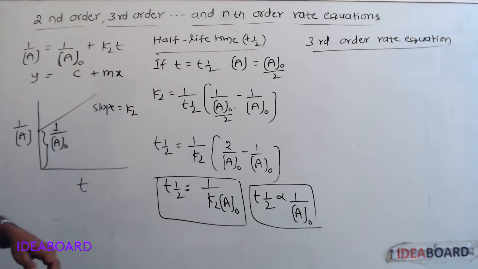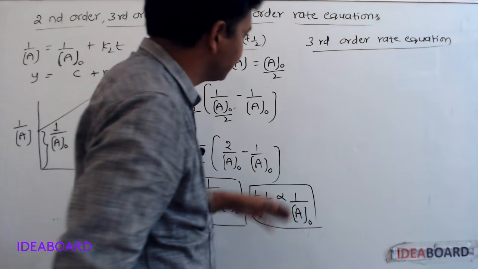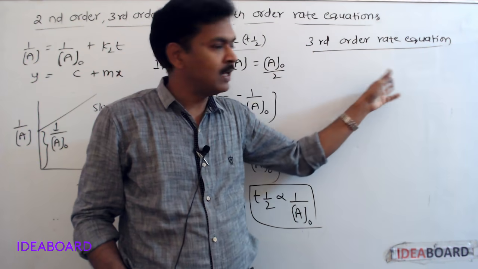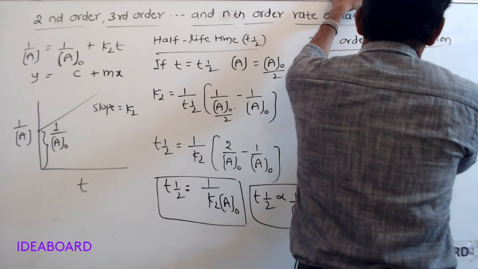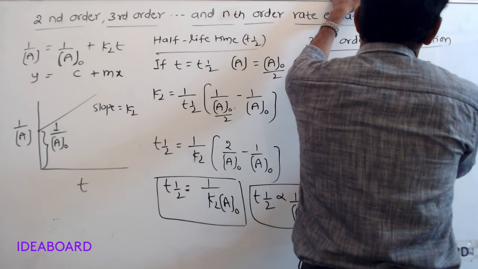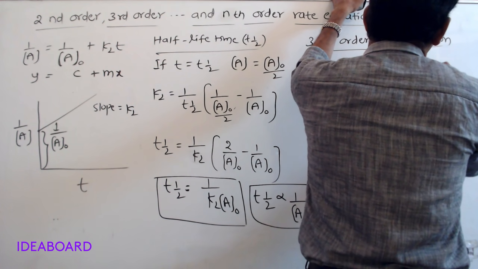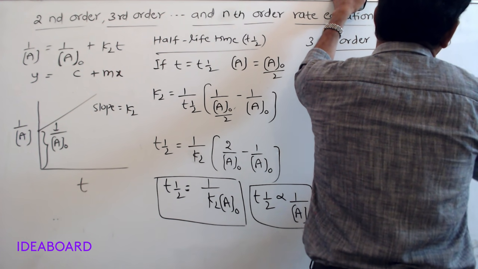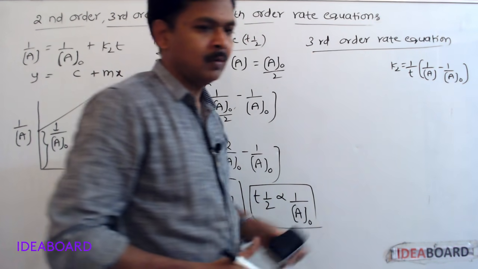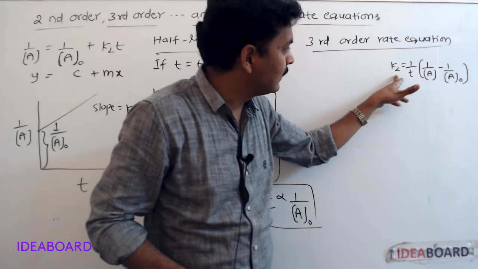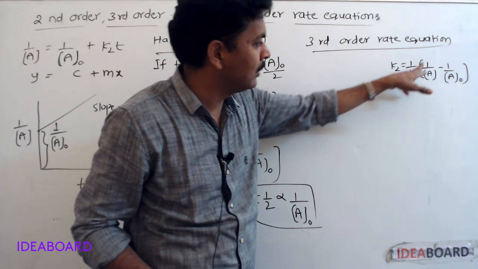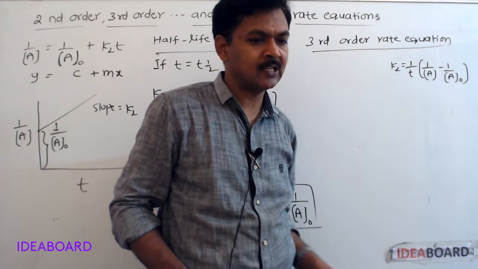See, for second order, the integrated rate equation is K2 is equal to 1 by T into 1 by A minus 1 by A naught. For second order reactions, the integrated rate equation is K2 is equal to 1 by T into 1 by A minus 1 by A naught.